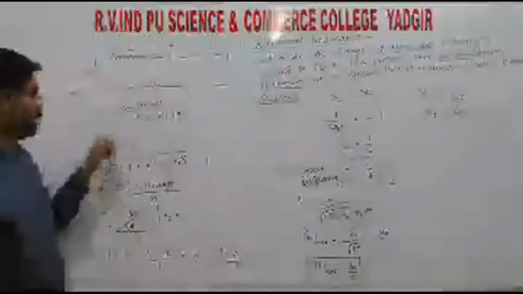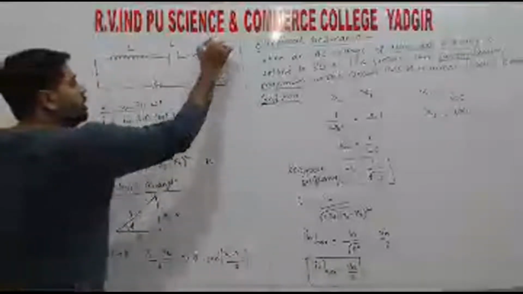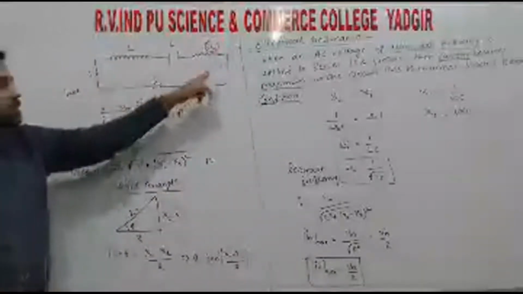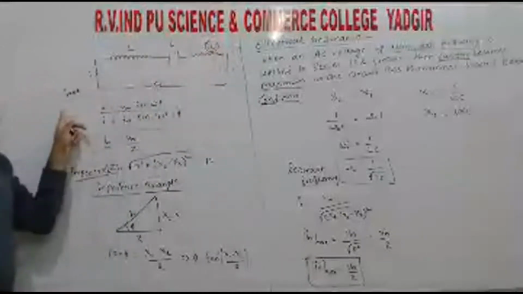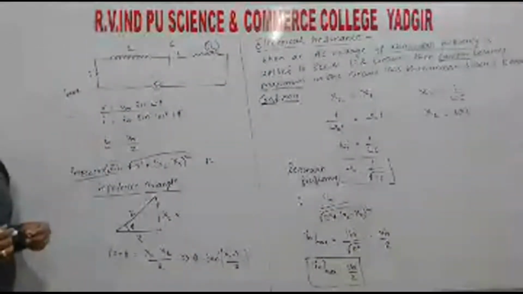So that means the maximum current is only related with the resistance R. So as the resistance changes, the maximum current also changes, right?